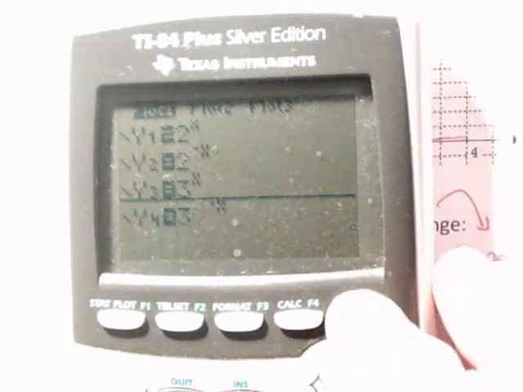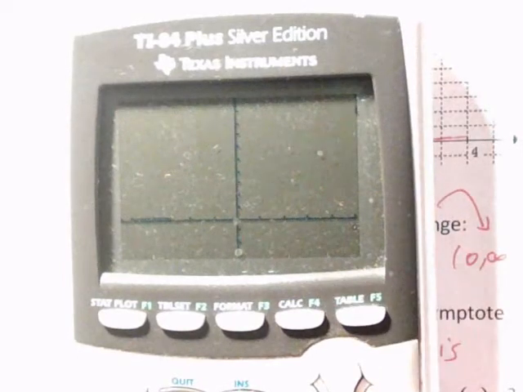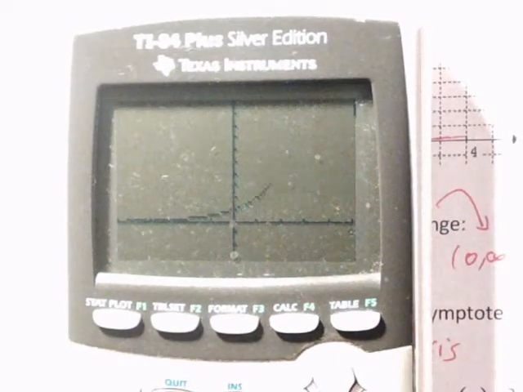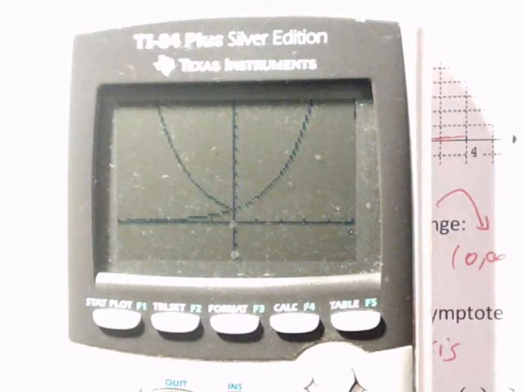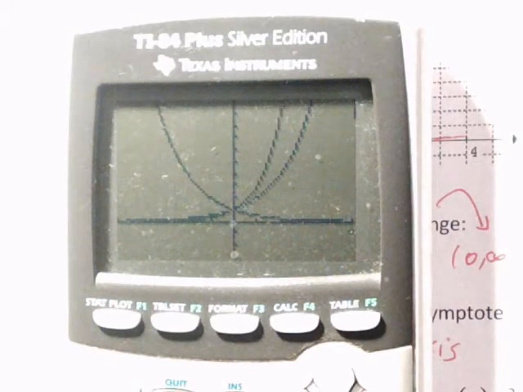Okay. So if I hit graph, see, this is 2 to the power x. This is 2 to the power negative x. This is 3 to the power x. This is 3 to the power negative x.